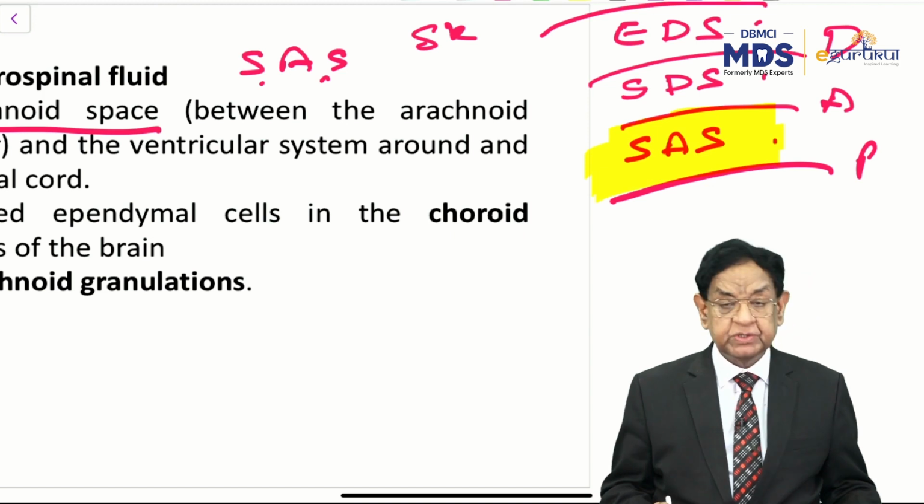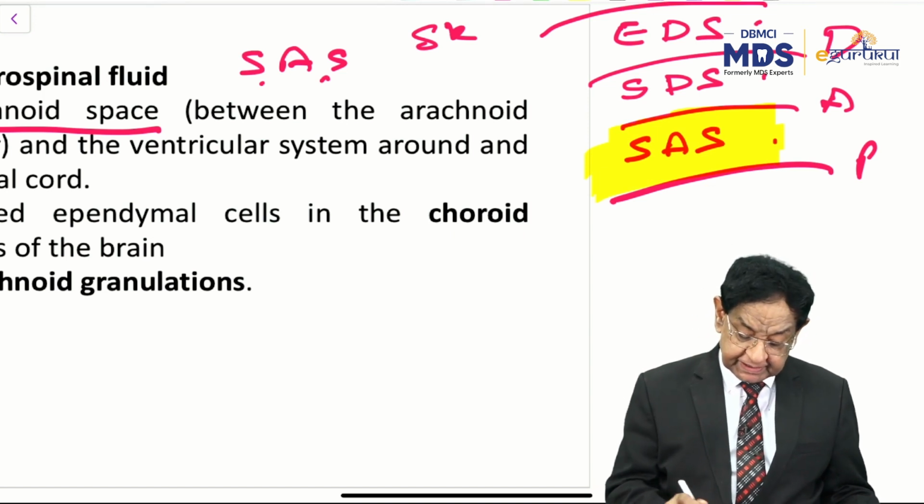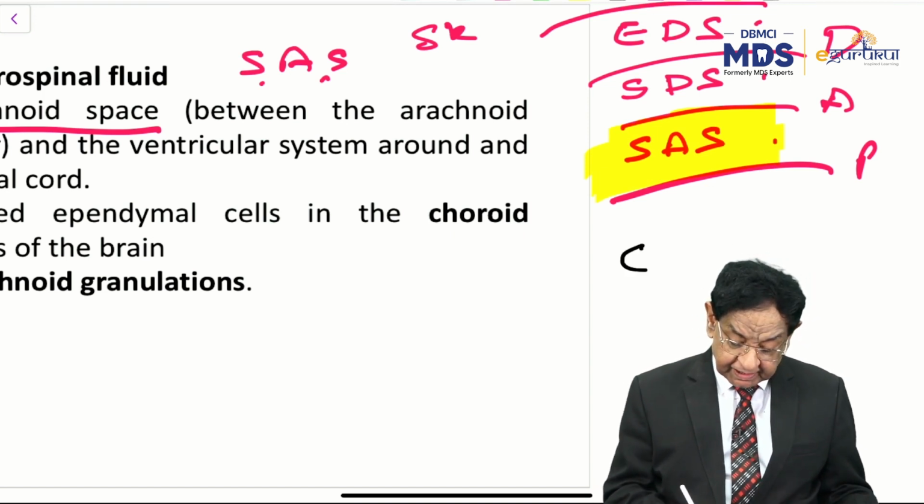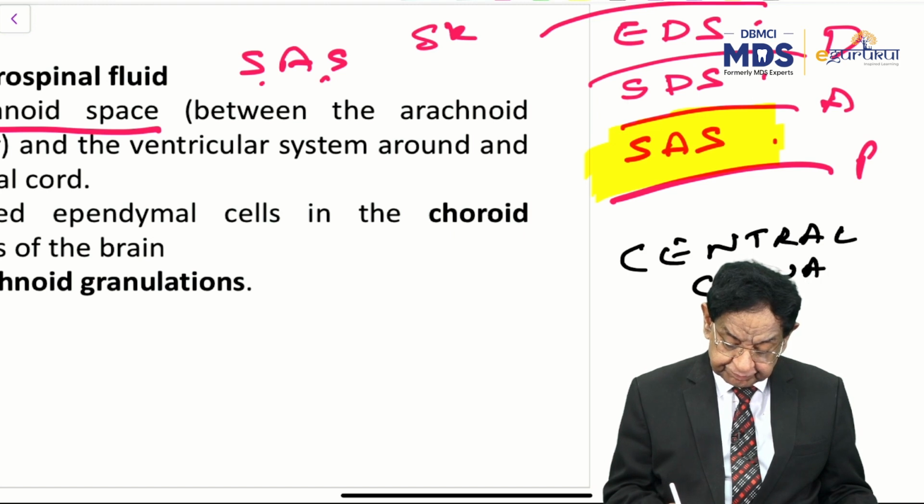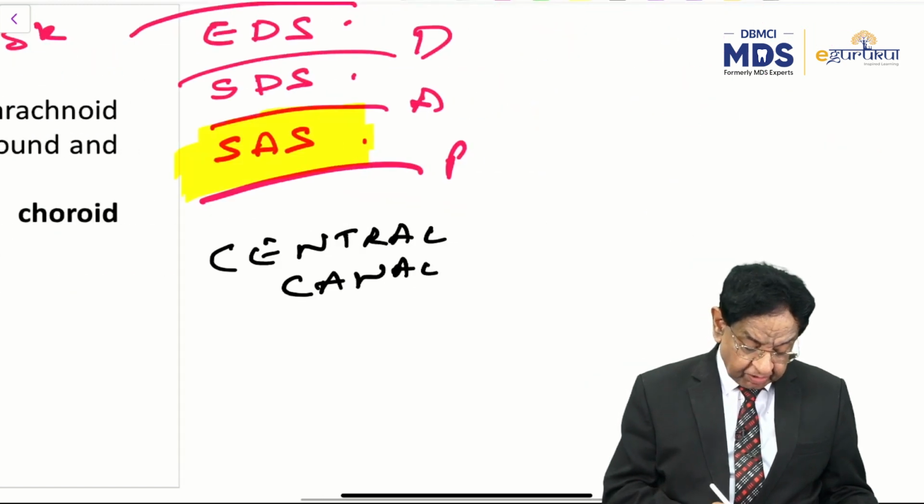Okay? And it also lies in the central canal of the spinal cord.